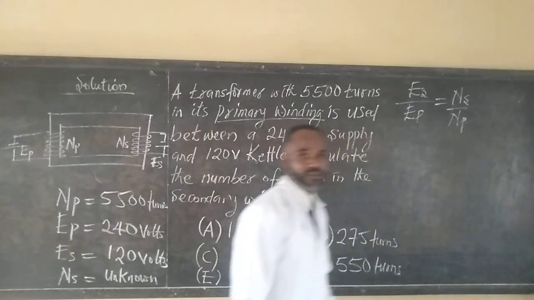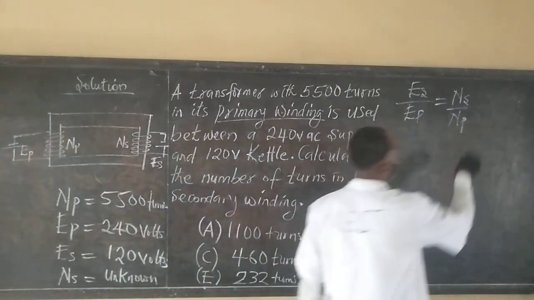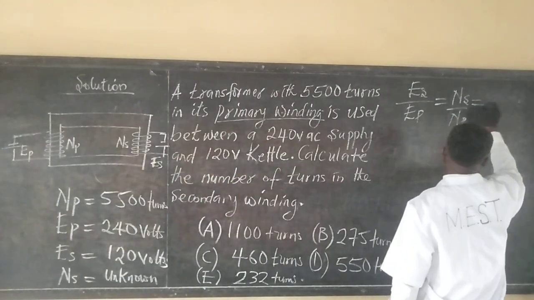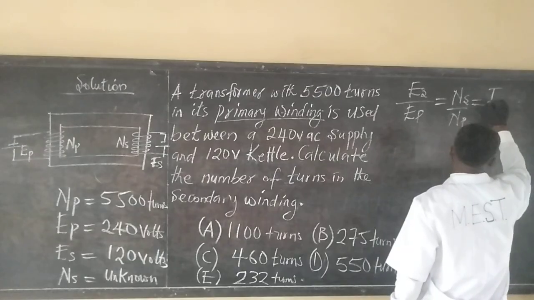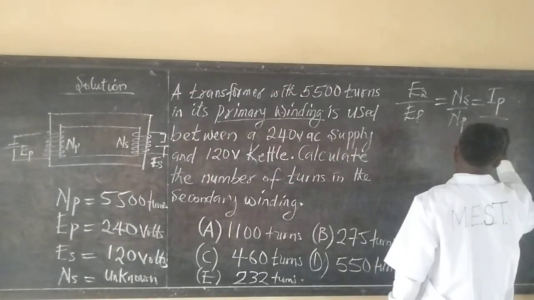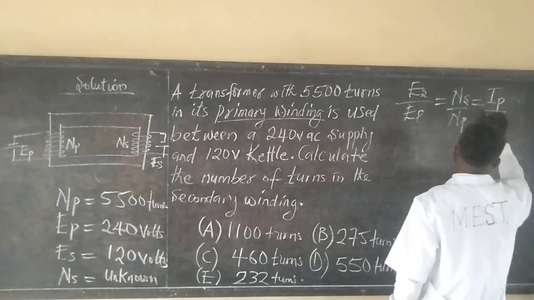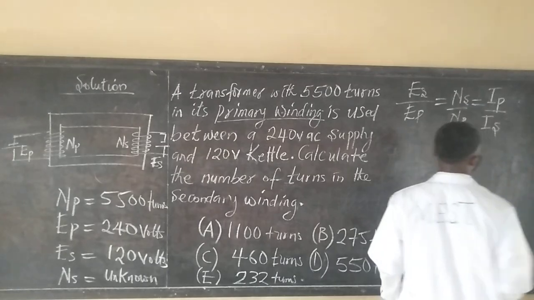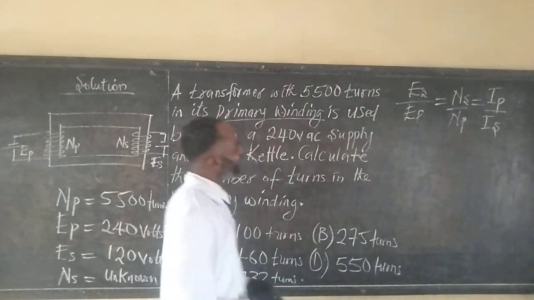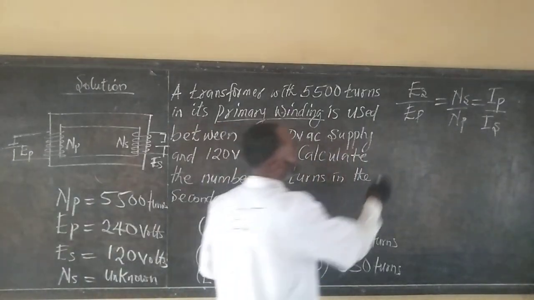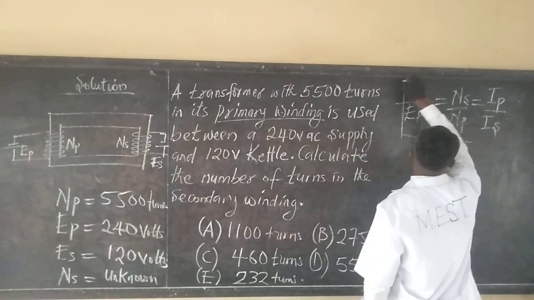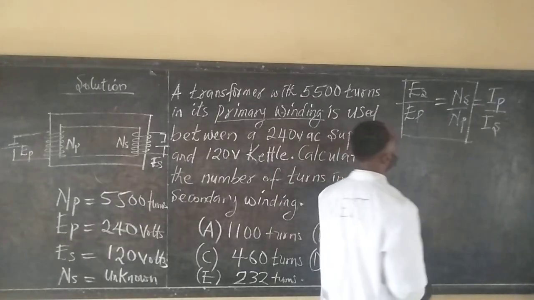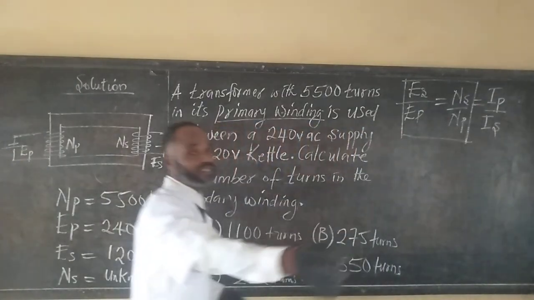If we have current, it becomes inverse, IP over IX. But we don't have current here, so our interest lies just in the voltages. We don't need current.